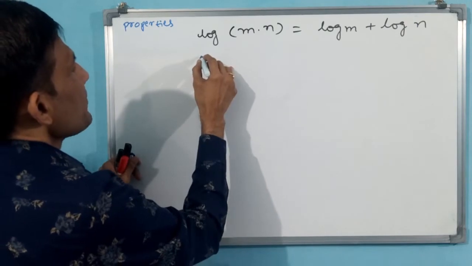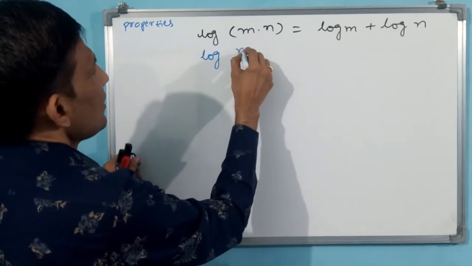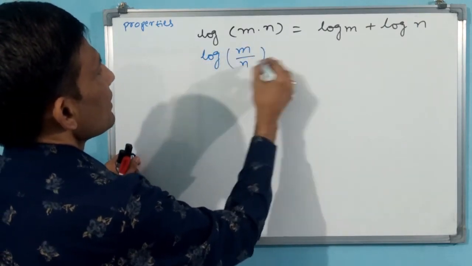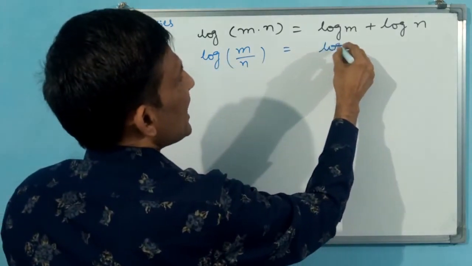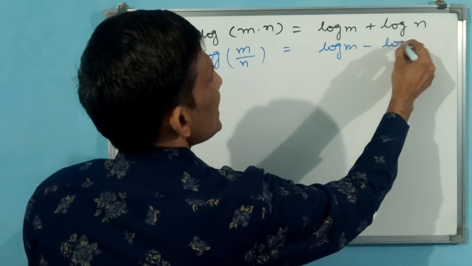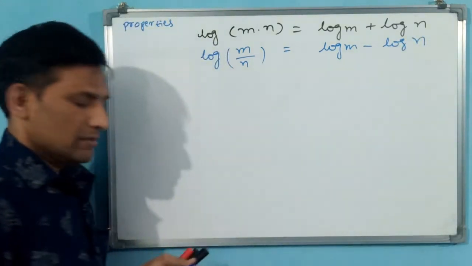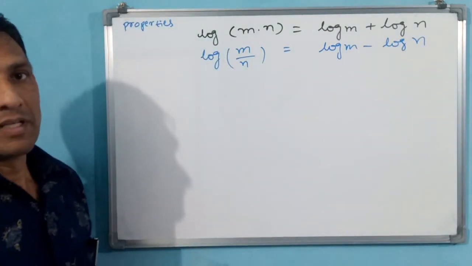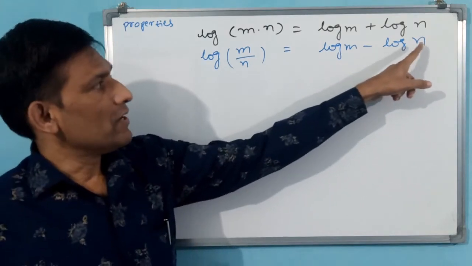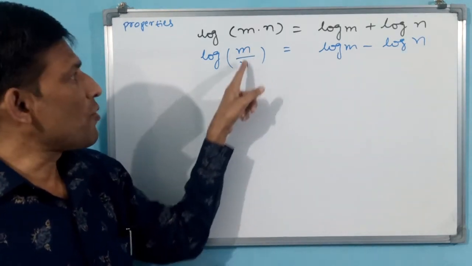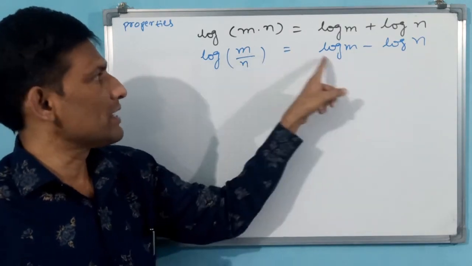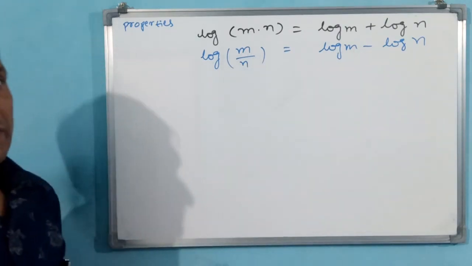Another property, log of m divided by n, division, is log m minus log n. See, for n only minus comes. Division: denominator is to be subtracted from numerator. Like you have to think.